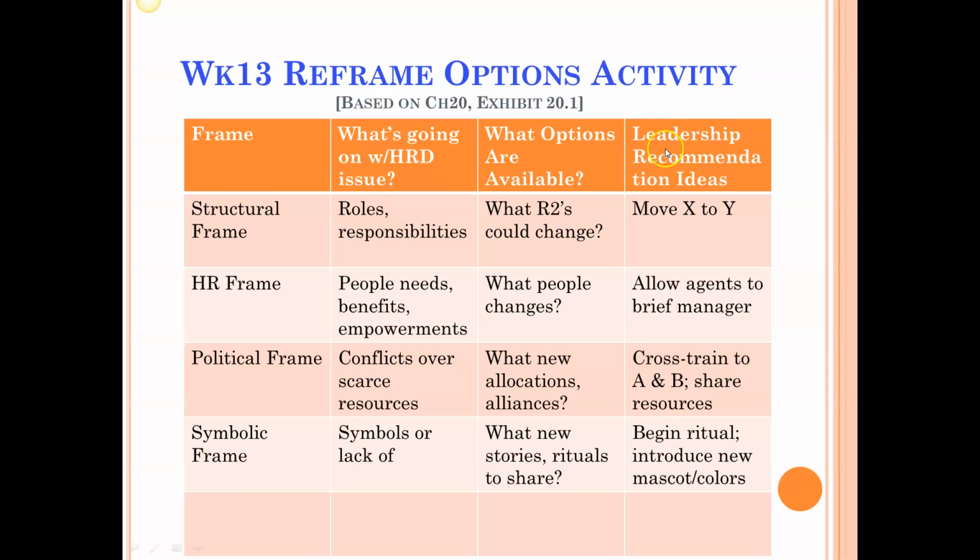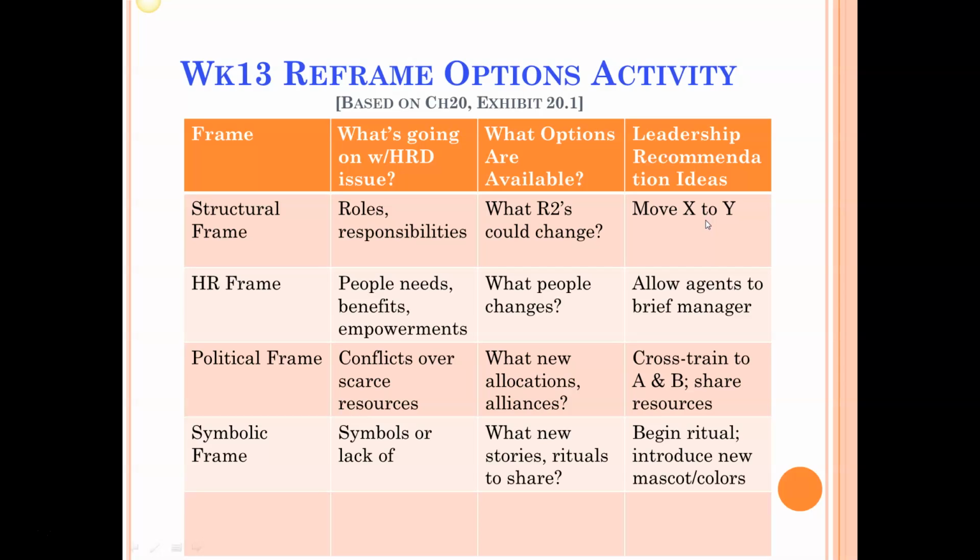Then finally we go to chapter 17, a leadership recommendation. You might say, well, we're going to move X to Y, and that might be an individual. Say a branch manager is going to move to a different branch, and that will address the communications issue or whatever issue you've got.